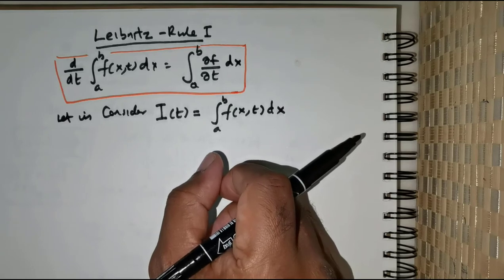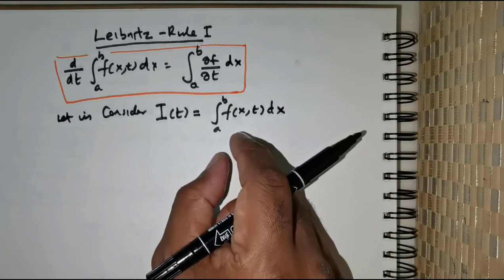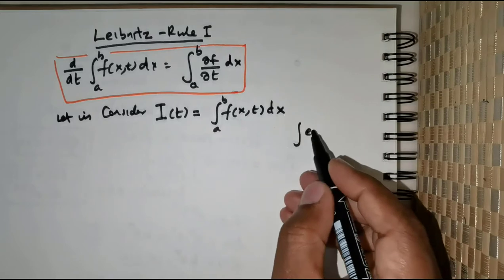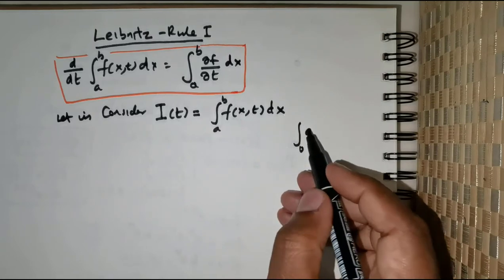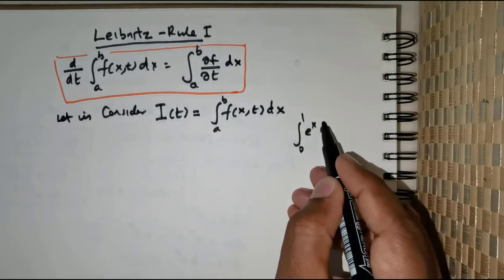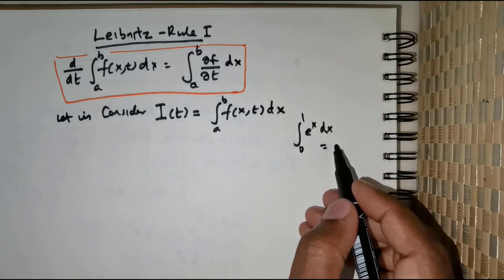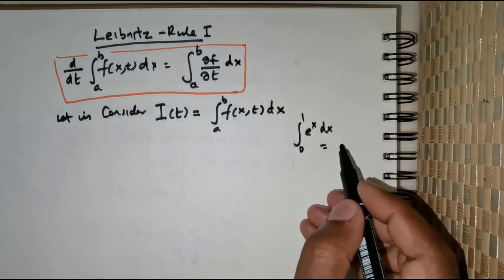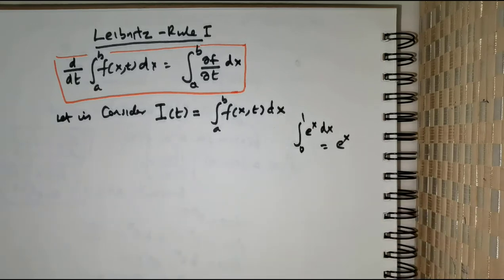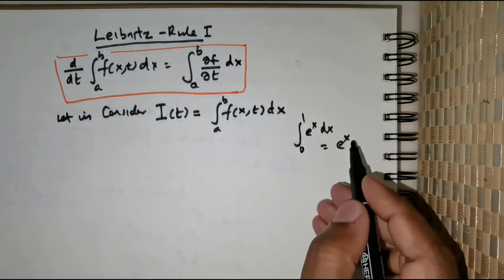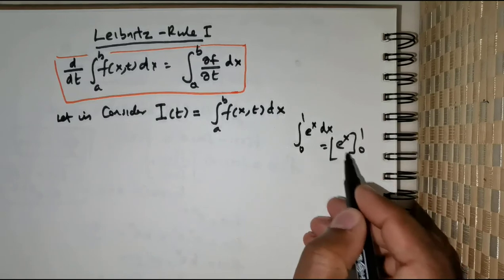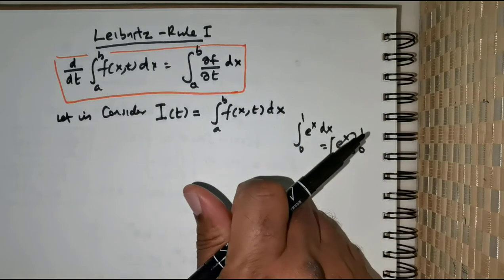It is imperative to understand that not all functions are integrable. Say for example, you are given the integral from 0 to 1 of e raised to the power of x times dx. This can be integrated into an elementary function: e raised to the power of x within the limits 0 to 1. This is always possible.